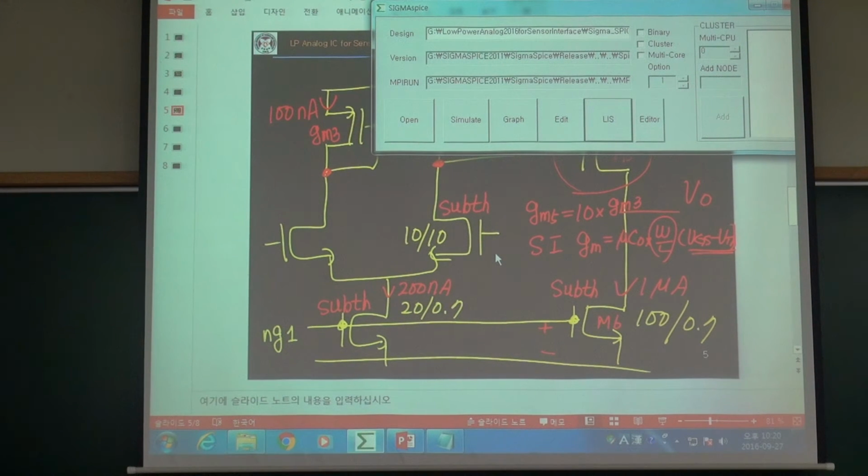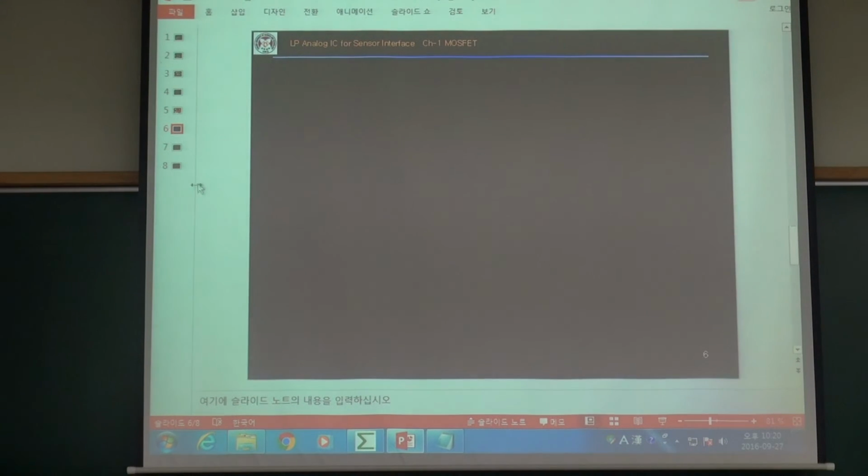We'll do the AC analysis later, after this folded cascode stuff. Question?